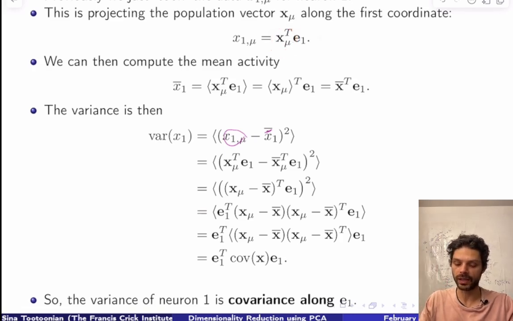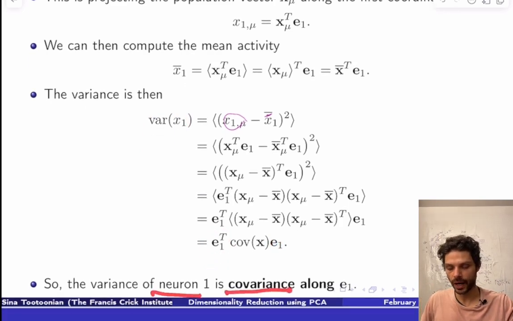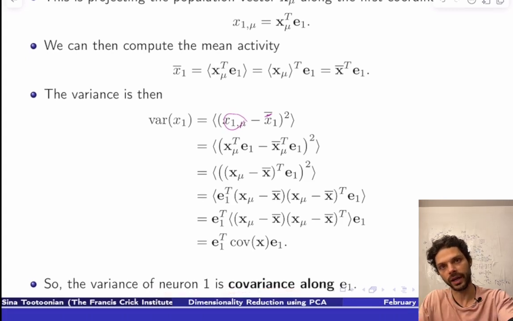We wanted the mean activity, we projected the mean of the population vector along that direction. We wanted the variance of the activity, we projected the covariance of the population along that direction. So the variance of neuron 1 is the covariance along its direction. That's the way to look at it.